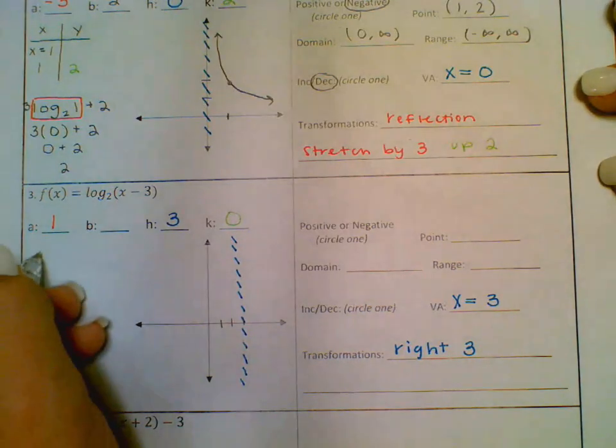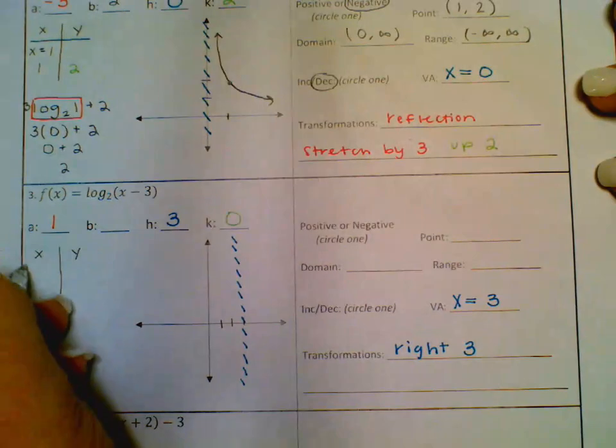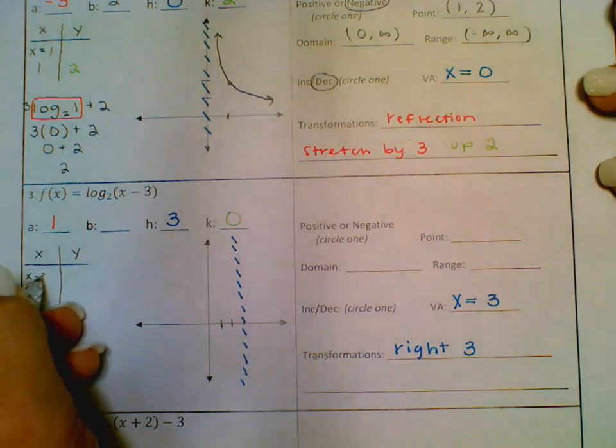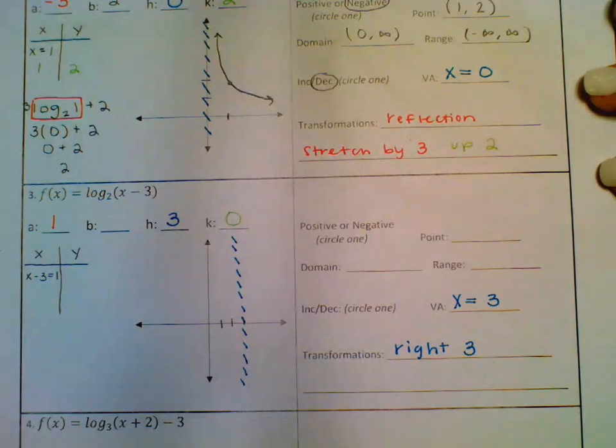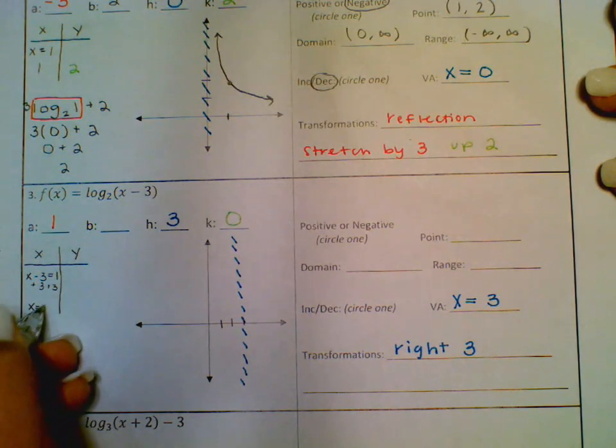When I do my point, I want to turn the argument into a 1. So I take that x minus 3, and I want to set that equal to a 1. Adding 3 to both sides, x equals 4.